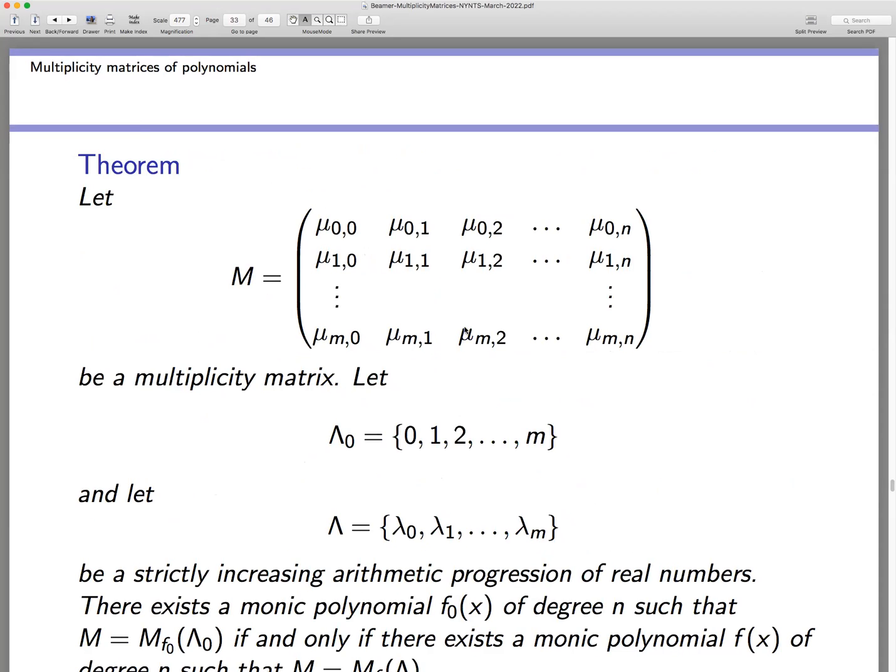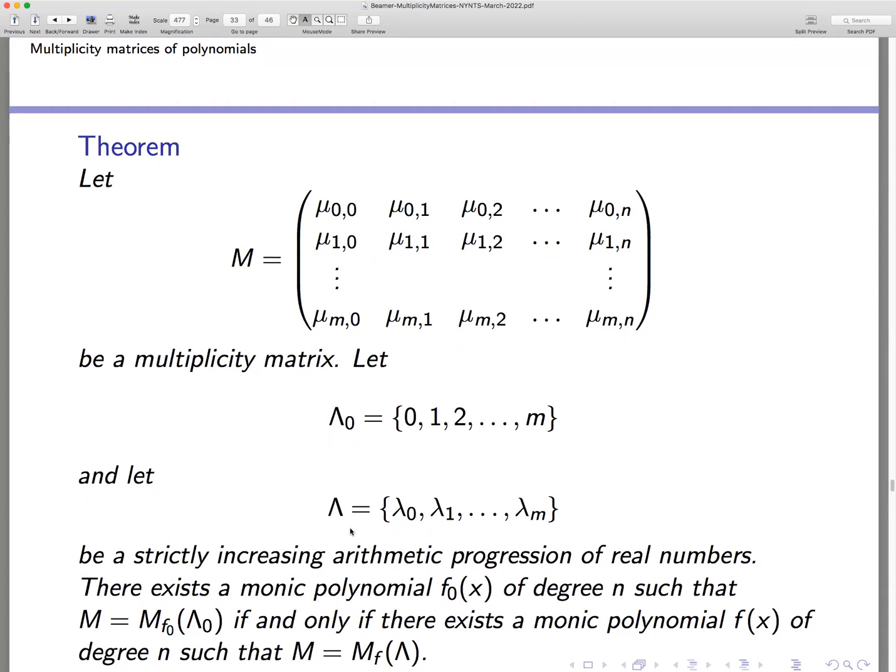Okay, this is just an observation. Let lambda naught be the set of the first m+1 non-negative integers. Let lambda be a set of m real numbers that form a strictly increasing arithmetic progression.